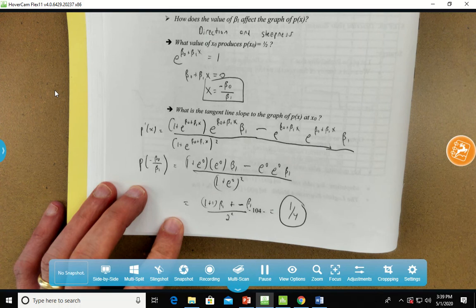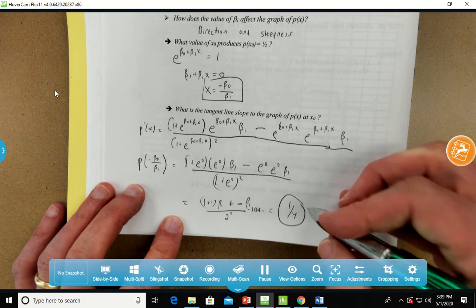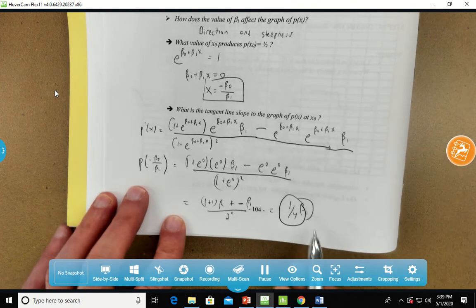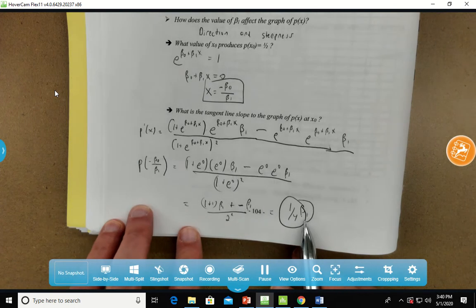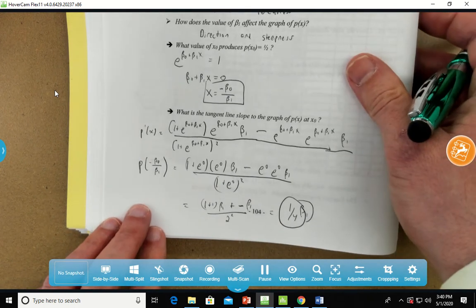So when the probability is 1/2, the rate of change is 1/4. Actually, 1/4 beta 1. You have to keep that beta 1. So 1/4 beta 1. It depends if beta 1 is positive or negative and how steep the slope is at that point. So those are key values.